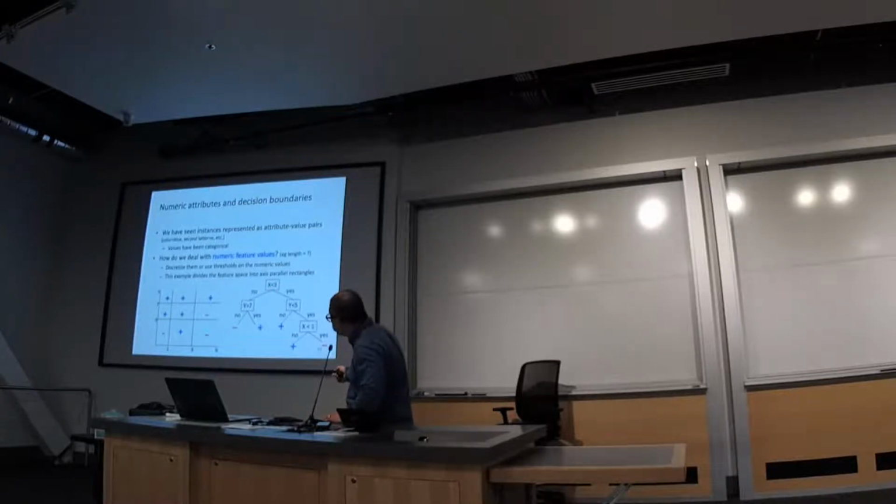We know it is false, so we go this way, because x is bigger than 3. And then we test if y is bigger than 7. Because our test example is here, the y feature is not bigger than 7, so it's no. And then it reaches a leaf node, which is labeled empty.